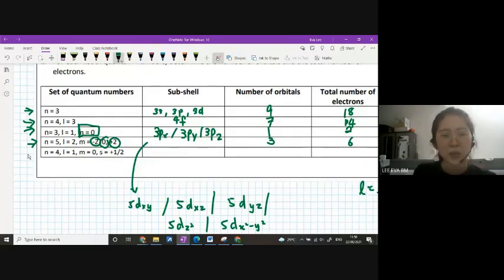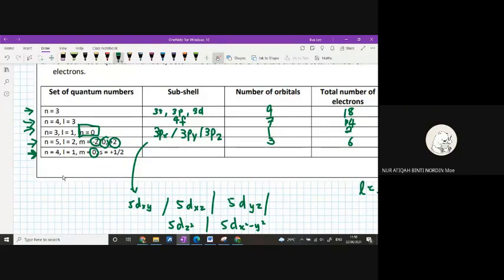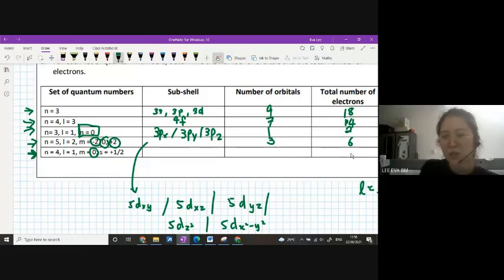Okay. And the last one over here we have n equals to 4, L equals to 1, M equals to 0, which represent only one orbital. And now I have S value. So apa yang awak boleh faham dekat last list of quantum number? Ada satu elektron je. Satu orbital sahaja.